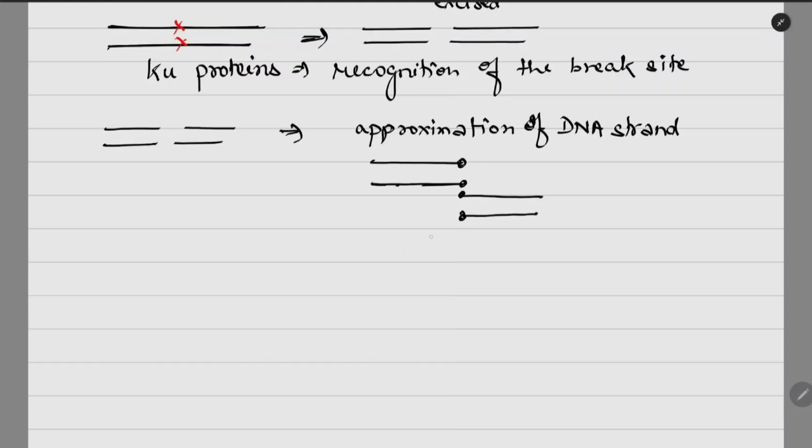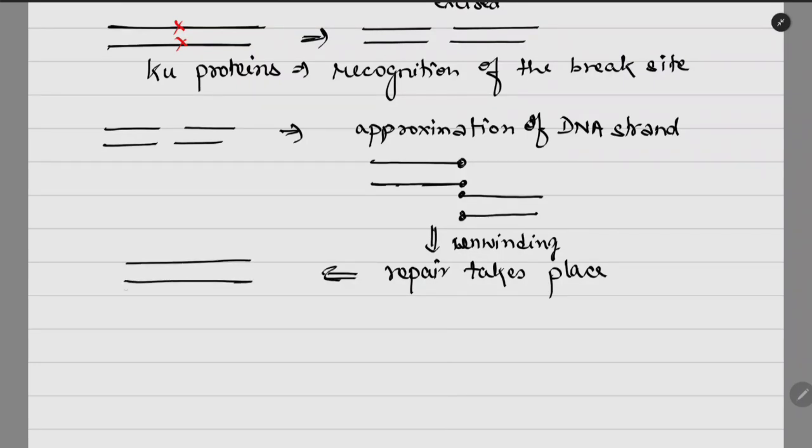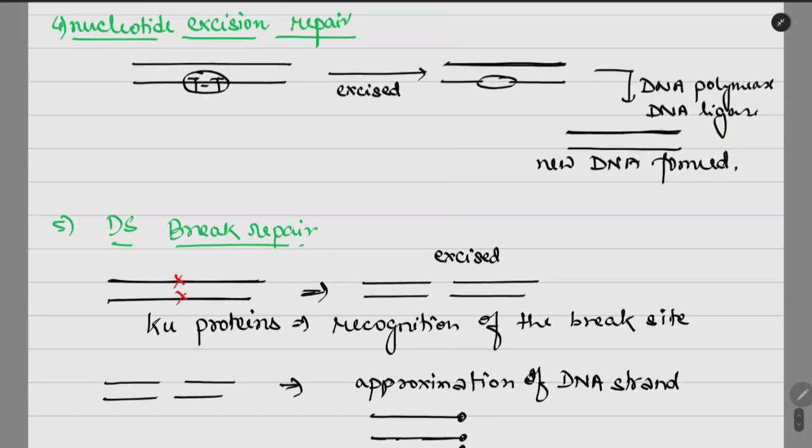Now the unwinding takes place, and the repair takes place. After this repair, by the action of DNA polymerase and DNA ligase, finally the formation of the new DNA occurs. Like this. Formation of new DNA. So these are the main repairing methods or processes.